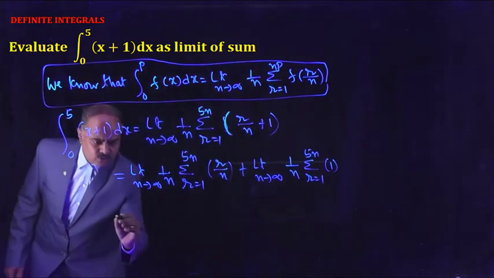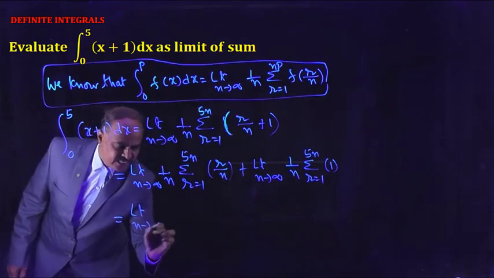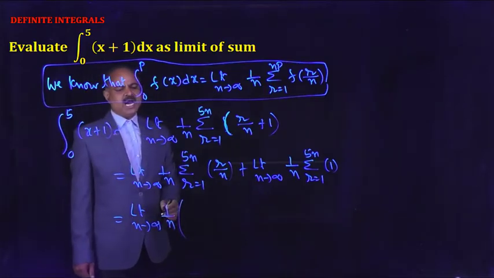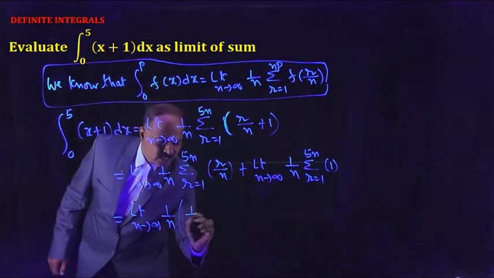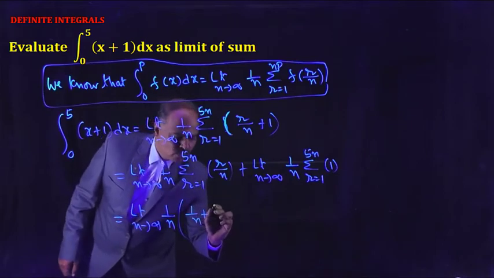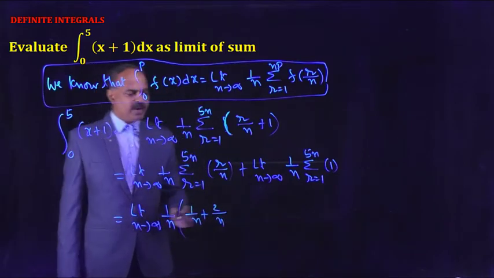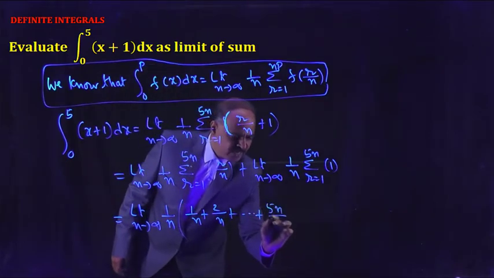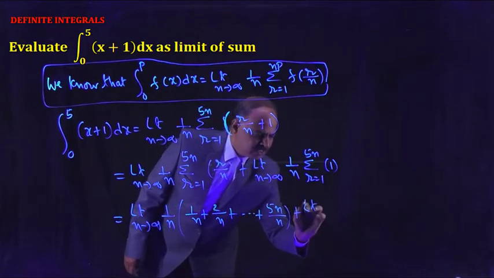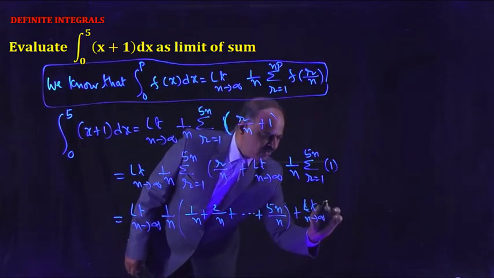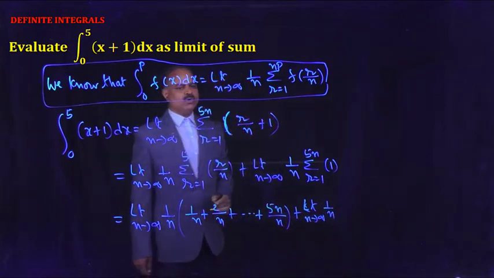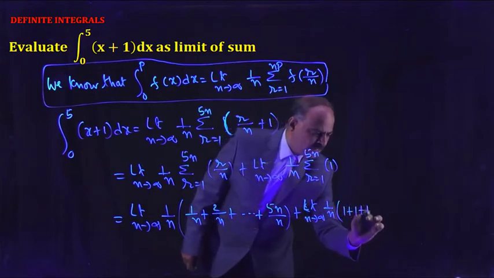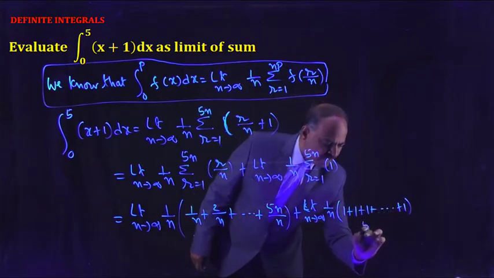Now this is equals to limit n tends to infinity 1 by n into, so sigma r equal to 1 to 5n r by n, put r is equals to 1, so that is equals to 1 by n, r equal to 2, that is 2 by n, plus and so on, plus put r equal to 5n, so that is 5n by n, plus limit n tends to infinity 1 by n into sigma r equal to 1 to 5n 1, that is equals to 1 plus 1 plus 1 plus and so on plus 1, so 5n times.